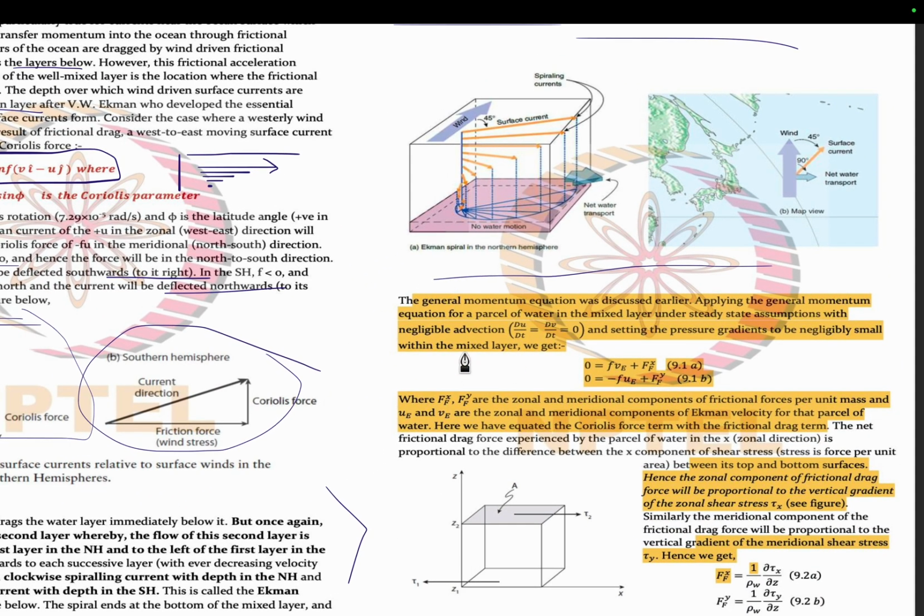One can also write the general momentum equation, which was discussed in the previous slides.